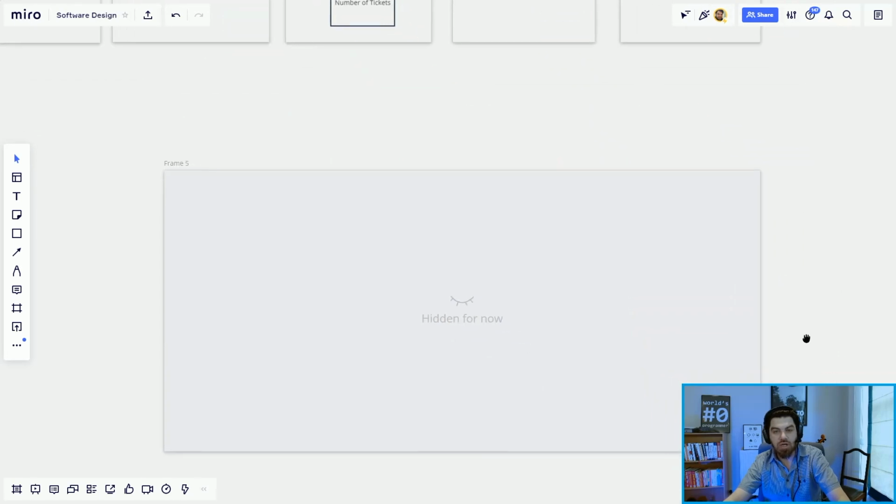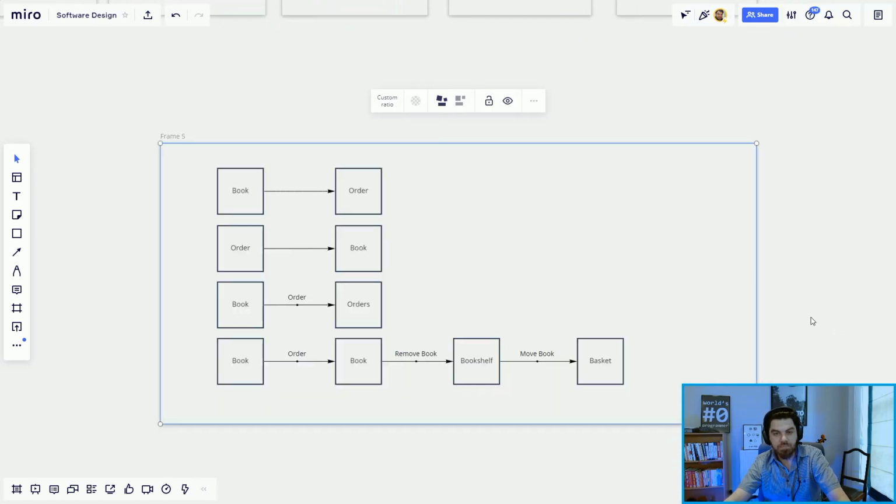So let's have a look a little bit further at this. Here I have various combinations of a much simpler little system. I've got book and I'm going to make an order. This is just here to describe the different kinds of ways you could think about this, right? You could have a book and an order. So the book is ordered or the book has an order.